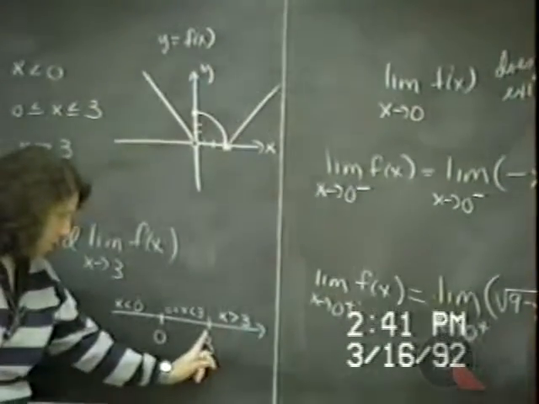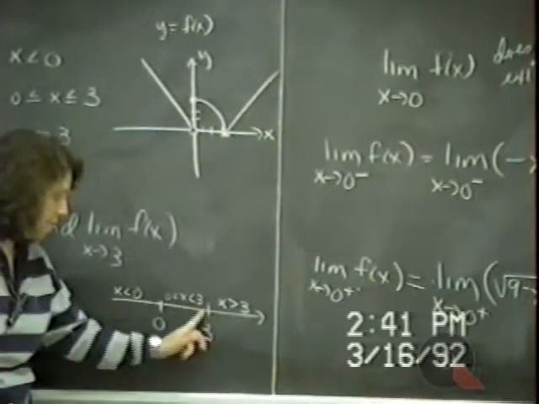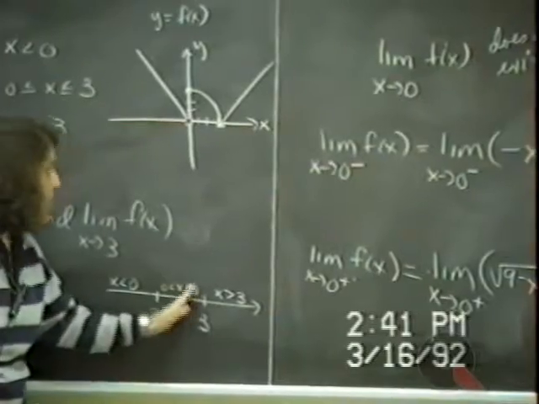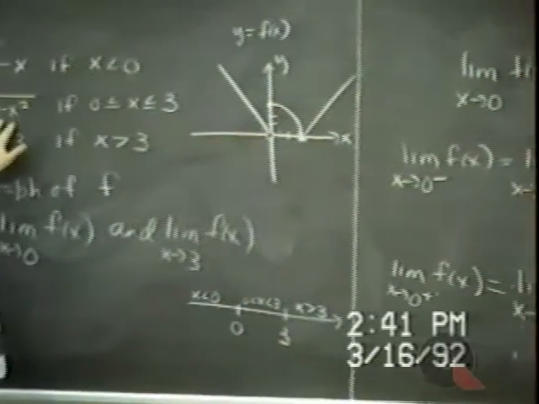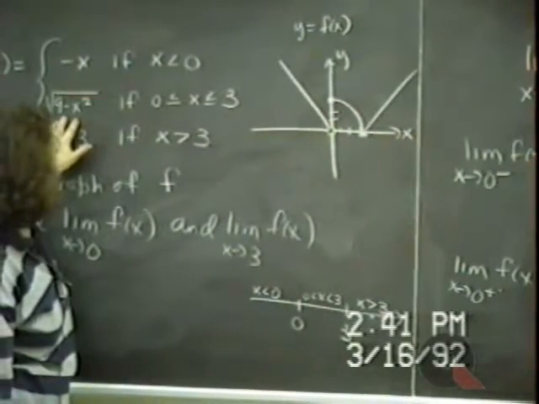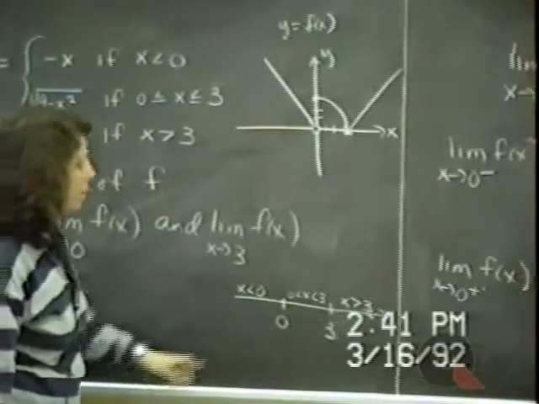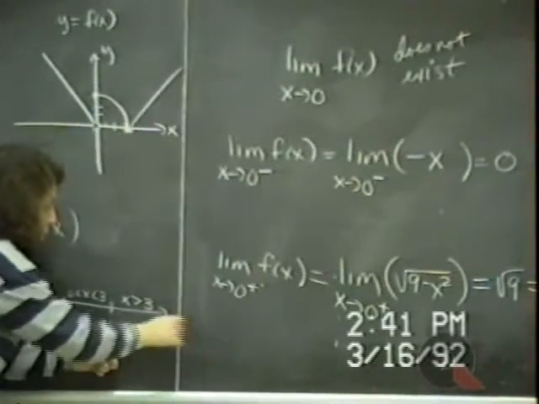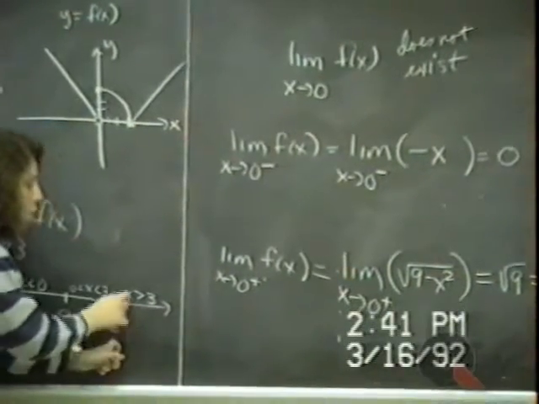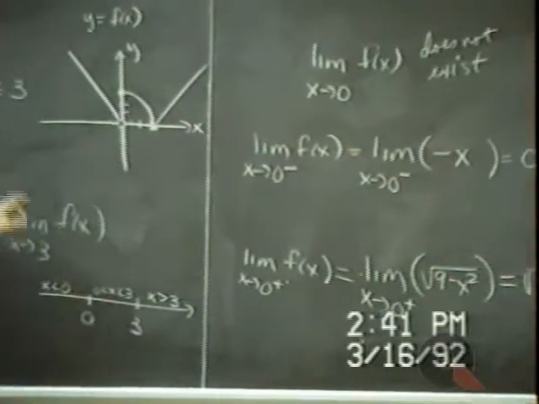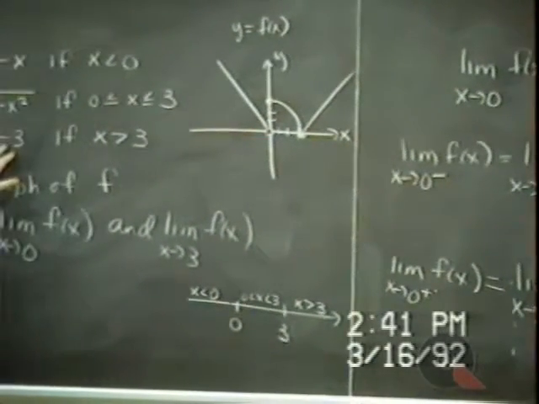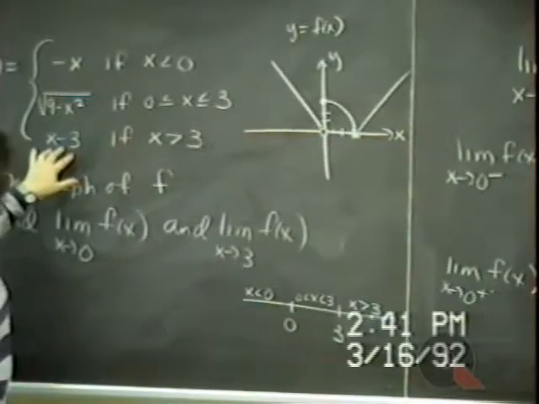As you approach 3 from the left, you're between 0 and 3, so the function should be the square root of 9 minus x squared. However, as you approach 3 from the right side, when you are greater than 3, we'll substitute x minus 3 for f of x.